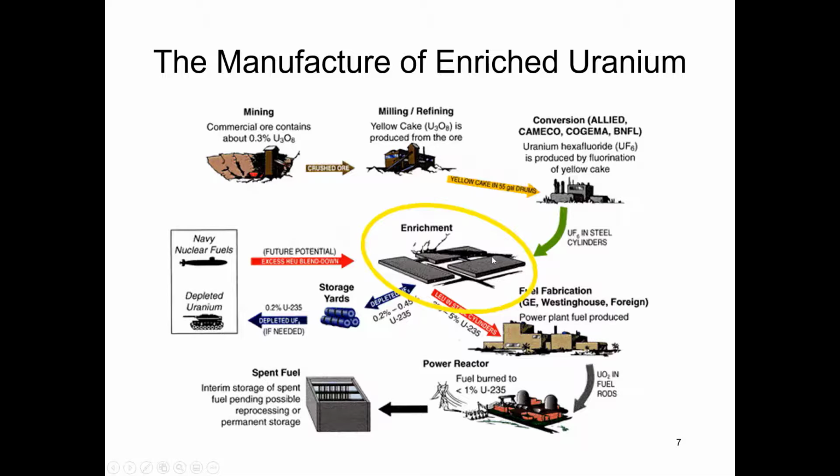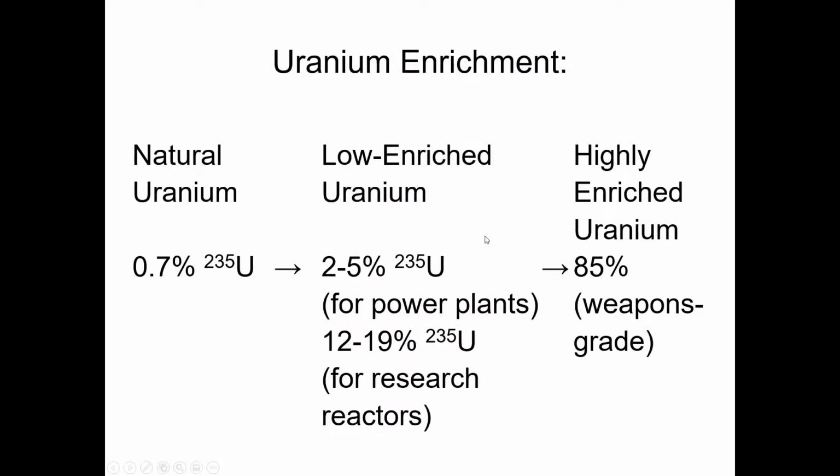You pass it over many, many times, and the heavier stuff that does not undergo fission will fall down through this filter, whereas the lighter stuff that you want to keep will stay on top. So the more you pass the same sample over these filters, the heavier stuff goes away and the lighter stuff remains. So that's how you go through that enrichment process.